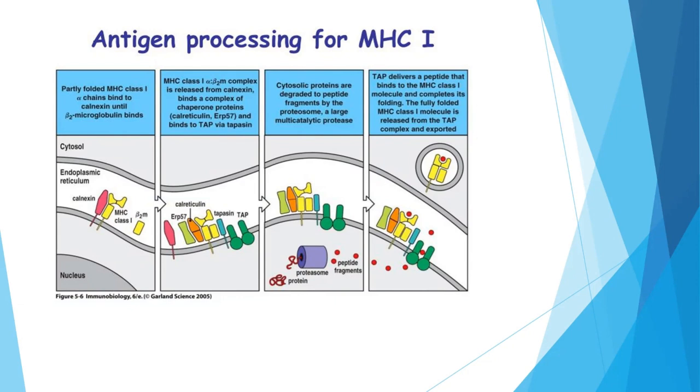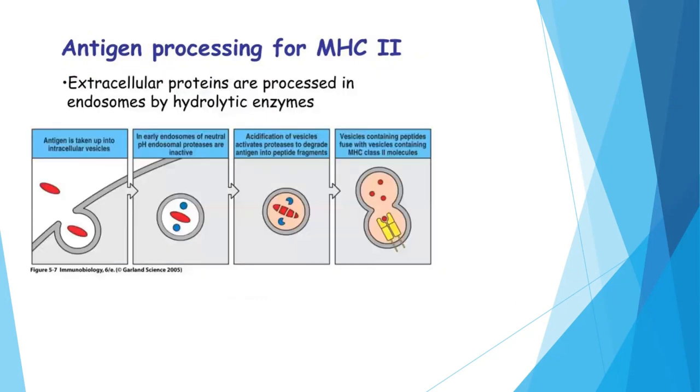And then the cytosolic proteins are degraded to peptide fragments by the proteasome, a large multicatalytic protease. And then the TAP delivers a peptide that binds to the MHC class 1 molecule and completes its folding. Now, this fully folded MHC class 1 molecule is released from the TAP complex and then it is exported.